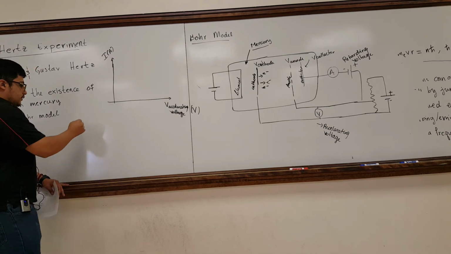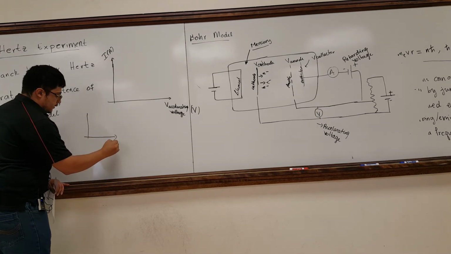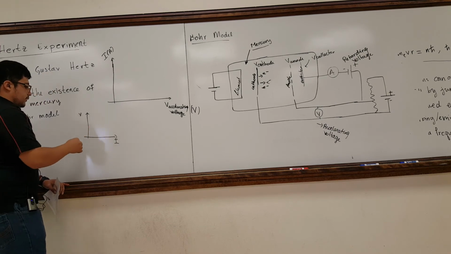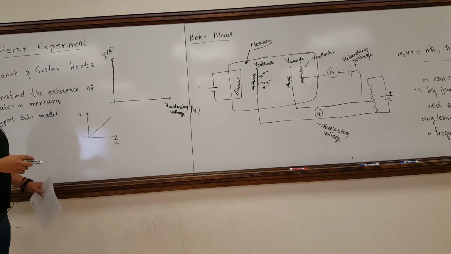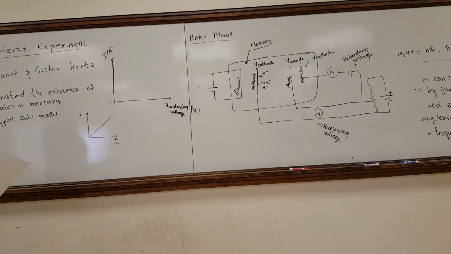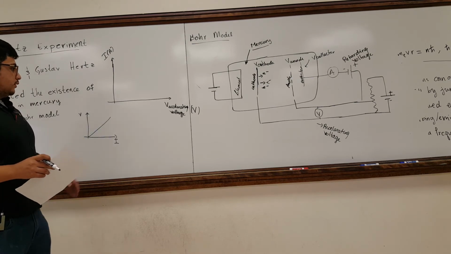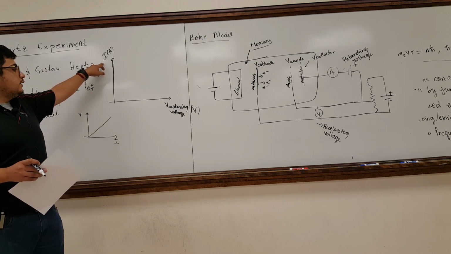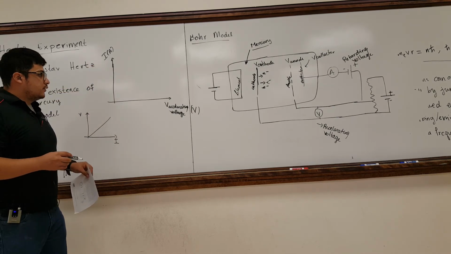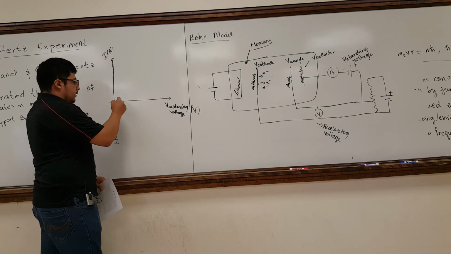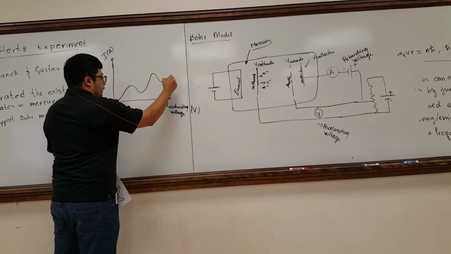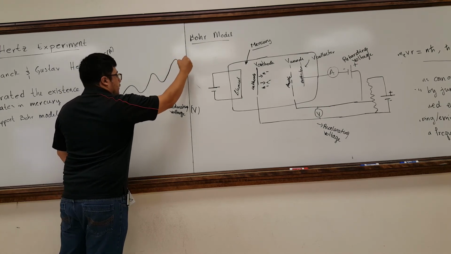From Ohm's law, we could expect, as before with voltage and then current, a linear relationship. Here we do the opposite. We plot accelerating voltage on the x and current on the y. But what you actually see is something that goes like this, and then I could keep going.